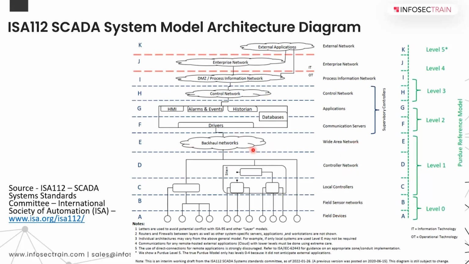That is why it's called a backhaul network here. It could be FO, or it could be radio, satellite, and so on. Then you have the communication requirements here, all the applications and so on. That is at this level. They still follow this same level structure, but the number of layers is basically increased, and you still have this here.